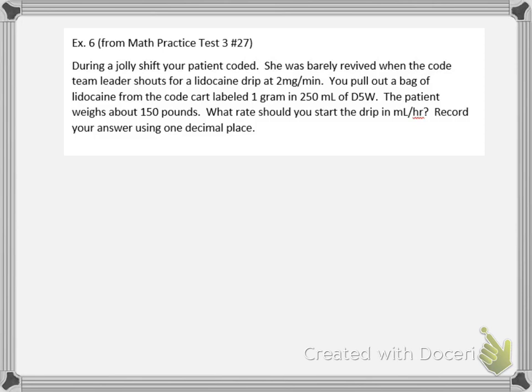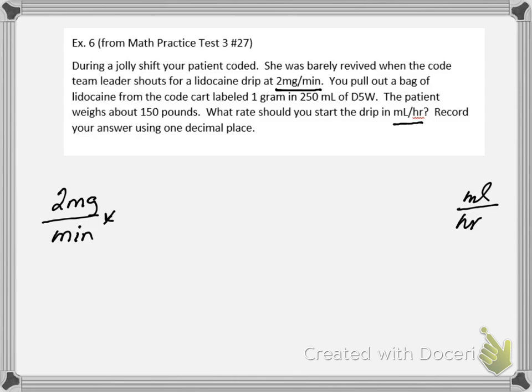Okay, so we are solving for mLs per hour. It's an IV, so I go and I look for the rate at which it's running. What has the amount with the time? I have the amount of 2 milligrams per minute. Then I look for the available.